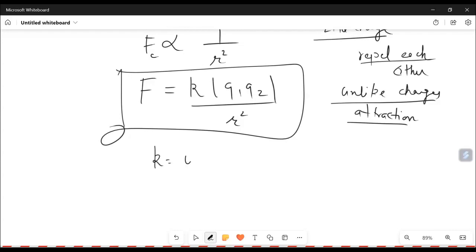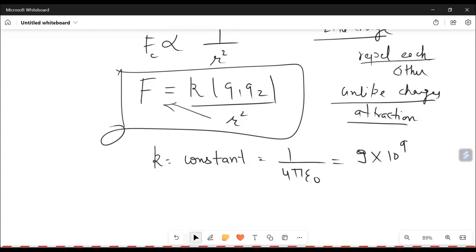This is K. K is known as the constant, and its value is 1 by 4 pi epsilon naught, which could also be written as 9 into 10 raised to the power 9. You can also figure out its unit by simply multiplying r square on the other side and dividing by q1 q2. So it will be Newton. Every force has the unit Newton. Newton meter square per Coulomb square.